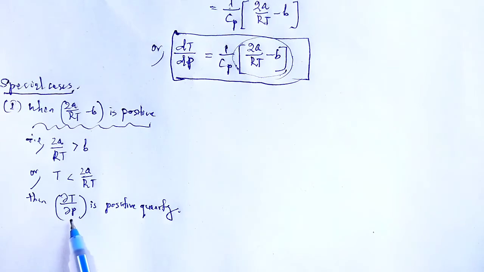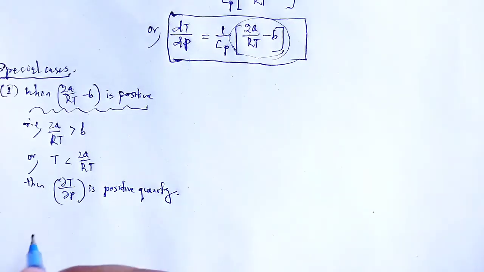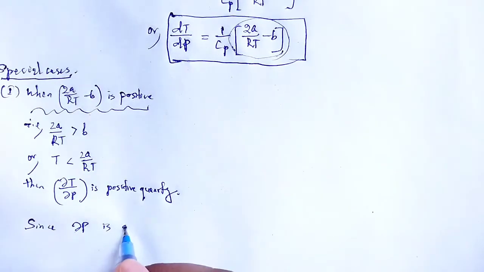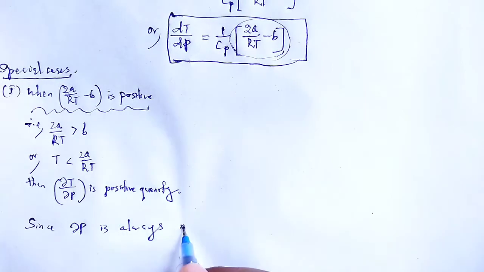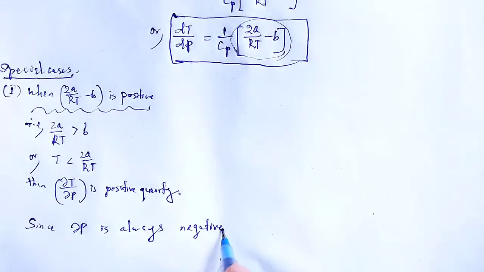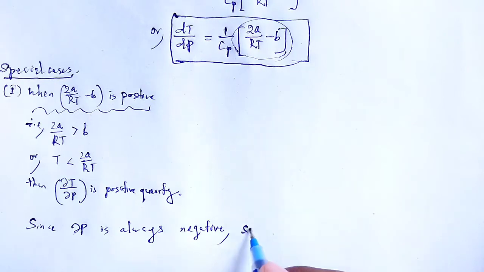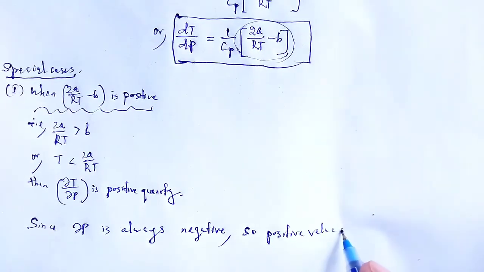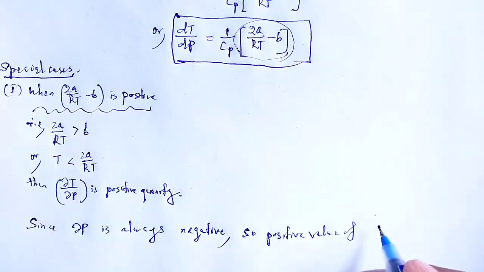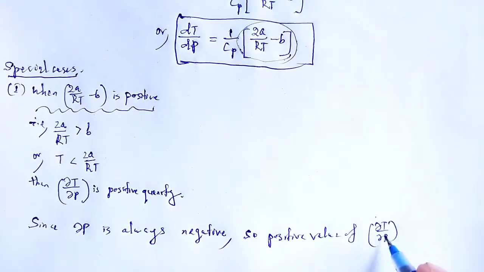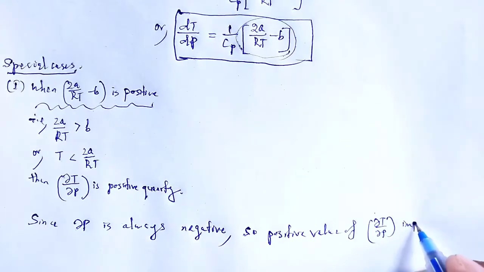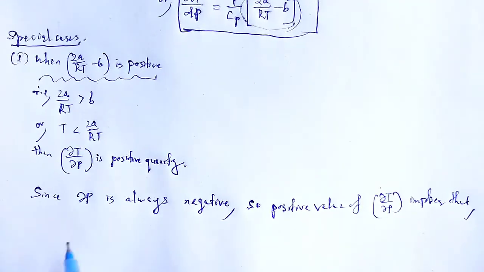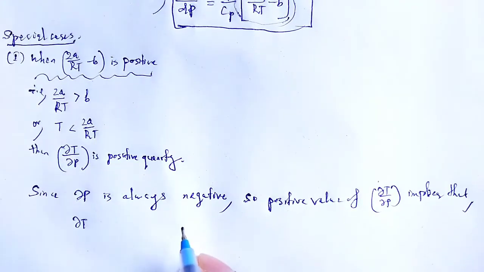Since del P is always negative, so positive value of del T by del P implies that the term del T should be negative.